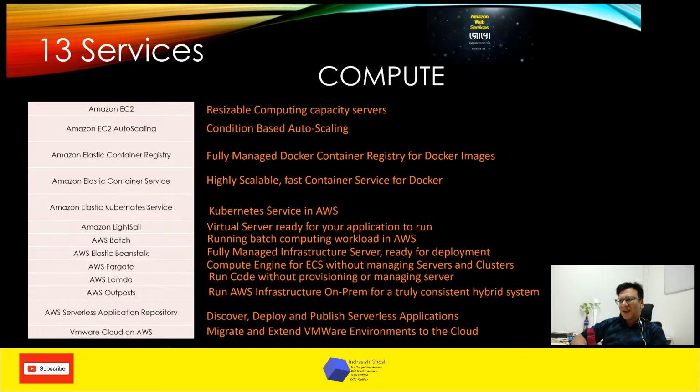The next service is Amazon EC2 Auto Scaling. If you only use plain vanilla EC2, you don't have auto scaling at all. But with EC2 Auto Scaling, auto scaling is built in and configured. What is the advantage?